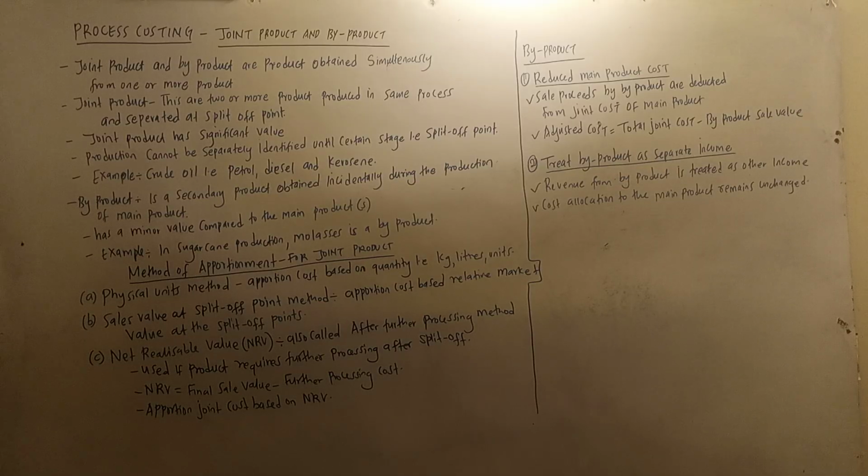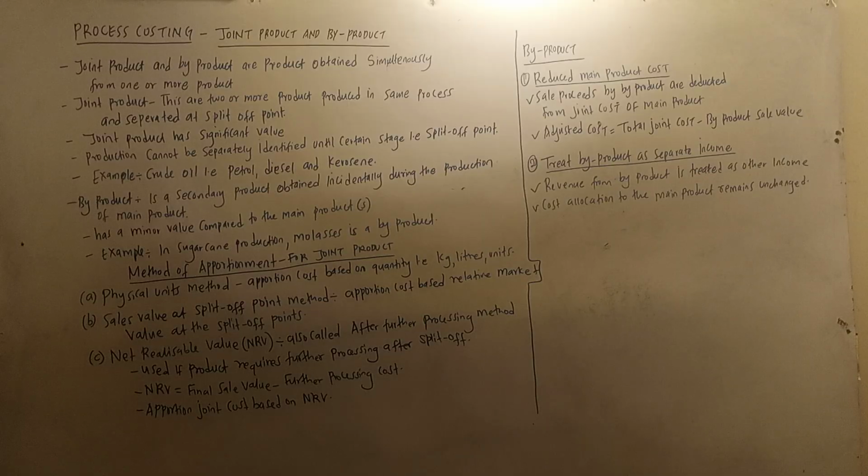All joint products are sold as soon as they are produced. The sales value method of joint cost is used in apportionment. Now we are going to prepare process 1, process 2, and process 3 accounts, and the income statement. So let us do it together.